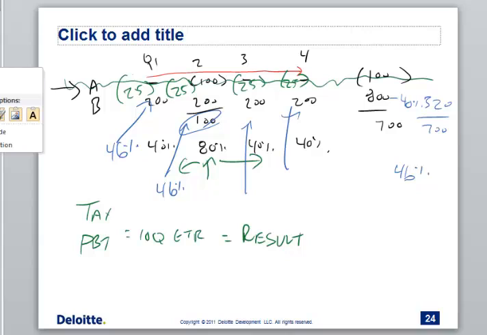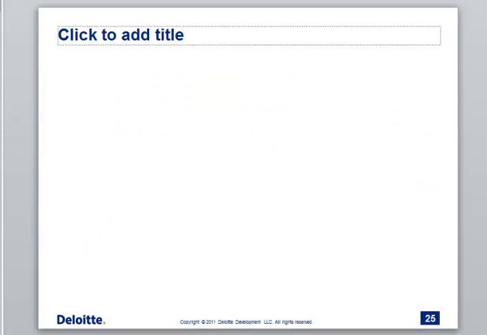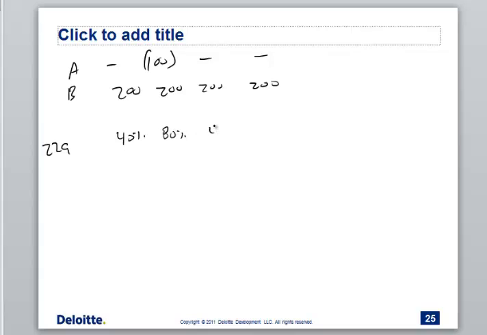Let me do it one more. Okay, so I said A, B, and I said it was 0, 100, 0, 0, 200, 200. Okay, so if I said it was 22A, then this was 40%. This was 80%. 40%, 40%.